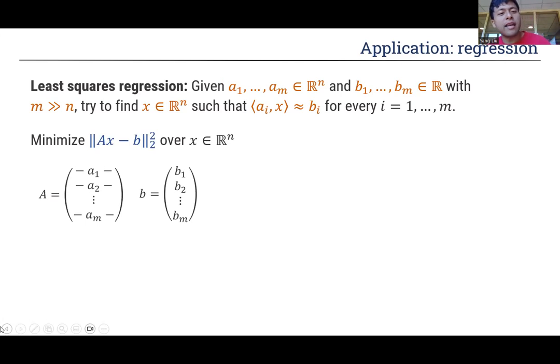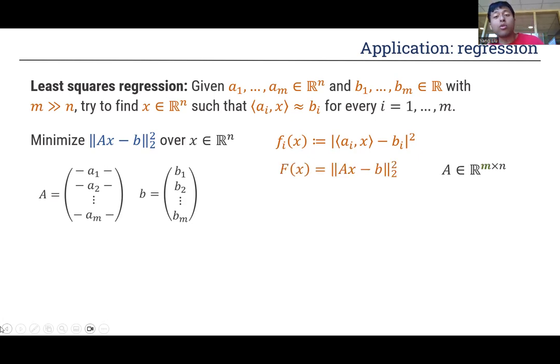When the loss is in the L2 norm, this is exactly minimizing the norm of Ax minus b, squared, where A is the matrix whose rows are ai, and b is the column vector with entries bi. To cast it in the language of sparsification, you can think of the ith function fi as just being the squared loss, so (ai·x minus bi) squared. And thus the total loss is F(x) equals the L2 norm of Ax minus b, squared.